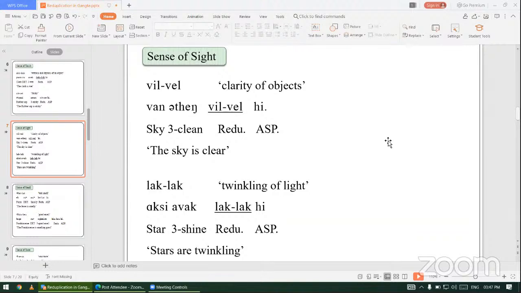So this tells you that it gives extra meaning of the clarity of the sky. So it gives extra meaning. Yeah, it gives extra flavor to the verb here. Thing to be clean. Yeah, these are very interesting phenomena which are basically found in Kuki-Chin languages, what we call these ideophones or timing. Yeah, very interesting.